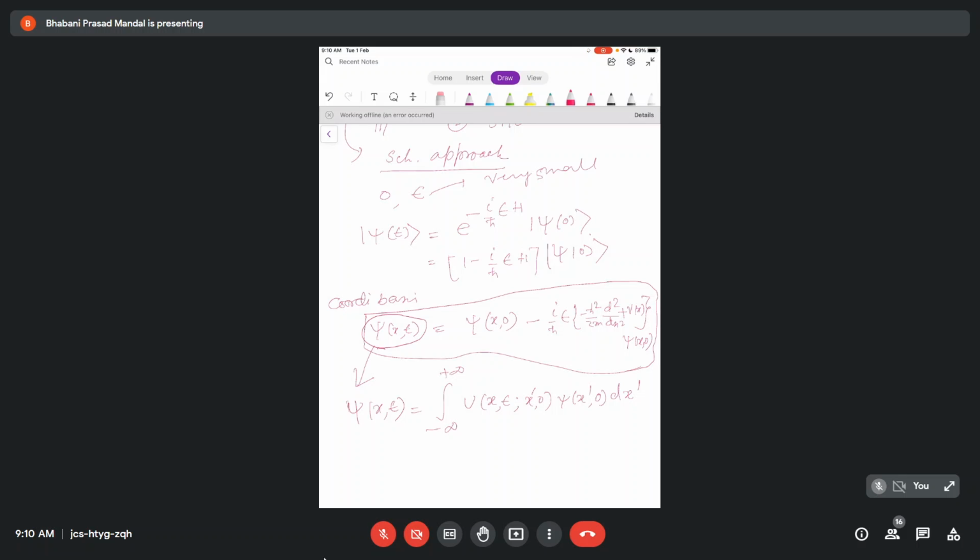So this is the path integral approach, where this quantity is calculated by path integral.